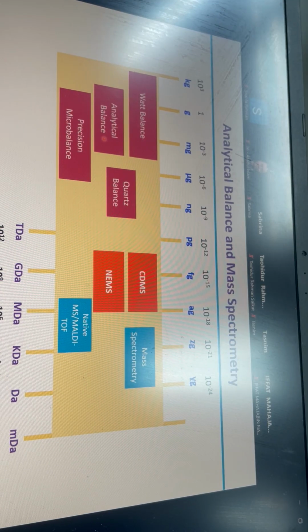So you measure the mass of about 10 to the power 23 molecules, as you know, the Avogadro number. So using an analytical balance, we are measuring the mass of molecules in bulk, but for mass spec you are measuring a single molecule's mass.